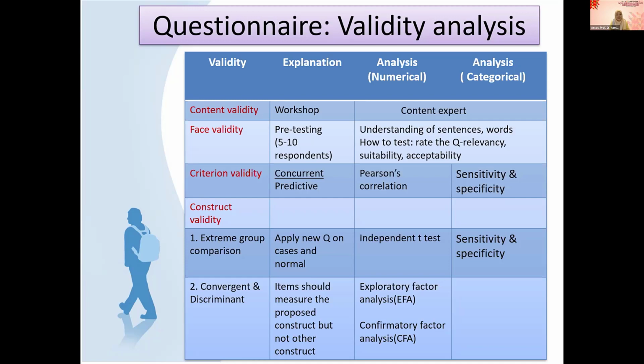And of course, the analysis for the questionnaire with numerical data, we use EFA and CFA. Okay, and if let's say you have extreme group analysis, actually you need to apply it to the extreme group, to the cases and normal, and see the independent t-test or sensitivity and specificity. But most of the time we use the number 2.